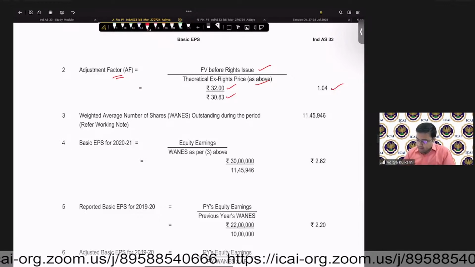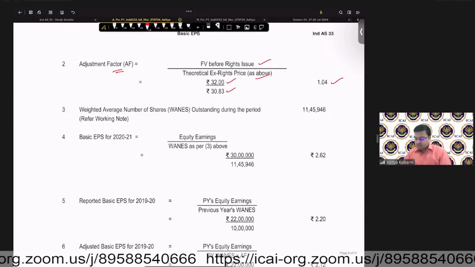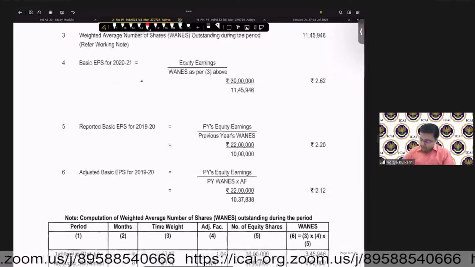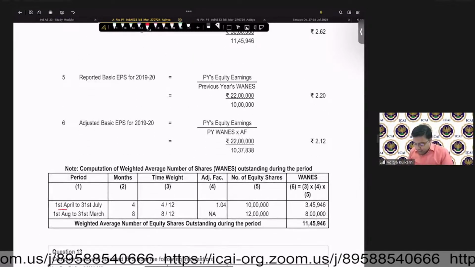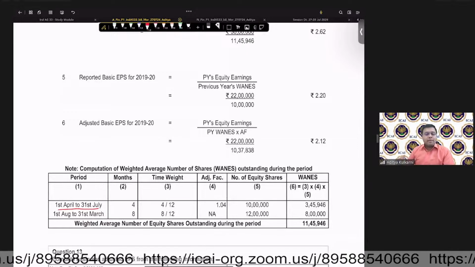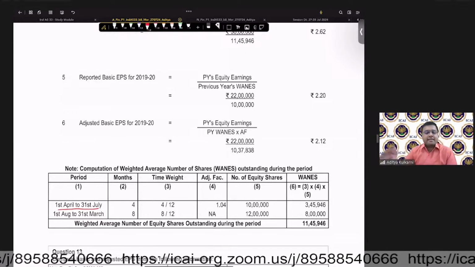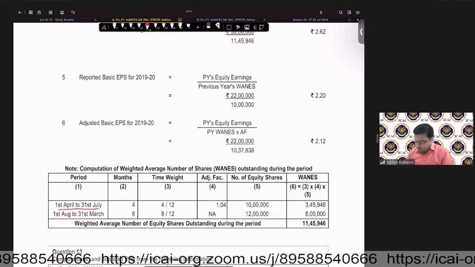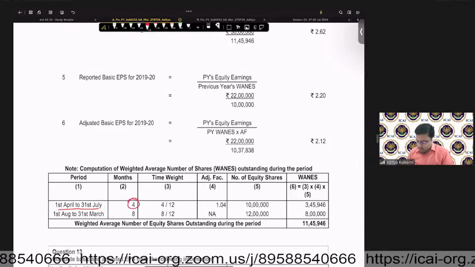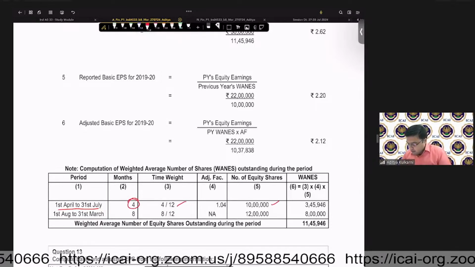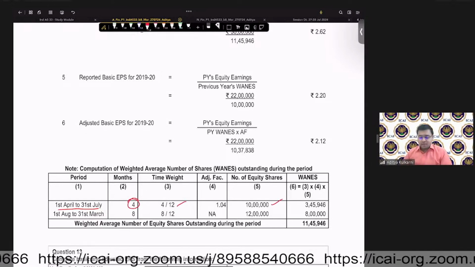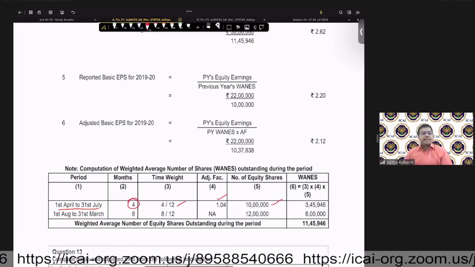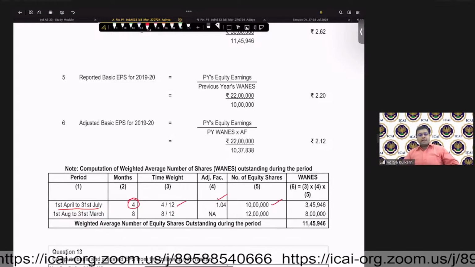For the weighted average number of equity shares outstanding during the period pre-rights issue, we multiply by the rights adjustment factor. For a period of 4 months, my number of equity shares was 10 lakh. I multiply it with the rights adjustment factor of 1.04.